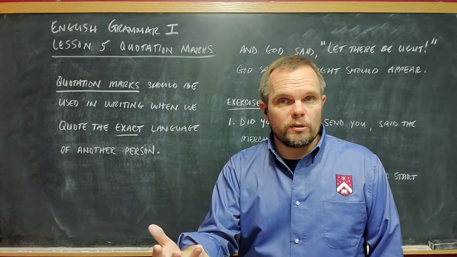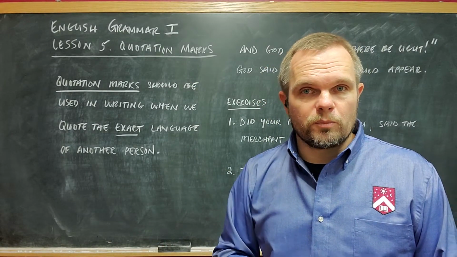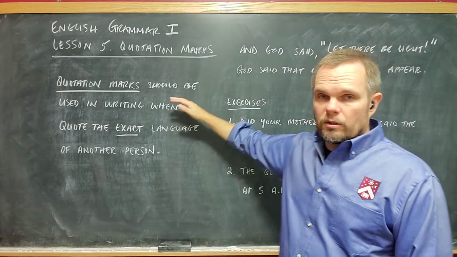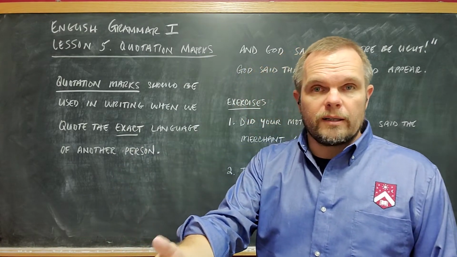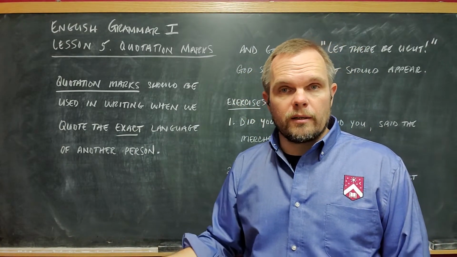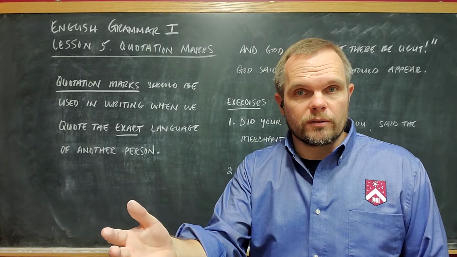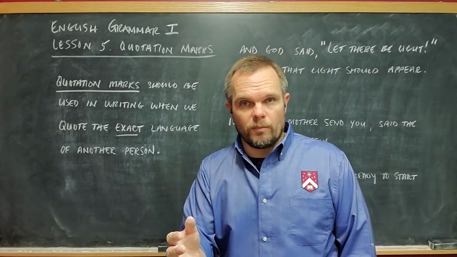And if the words we use were not the exact words, then we don't want to put them in quotation marks. So the reason why we're learning about quotation marks is to show our reader that the words we're writing are the exact language of someone else. All right? When we want to show that, we use quotation marks.